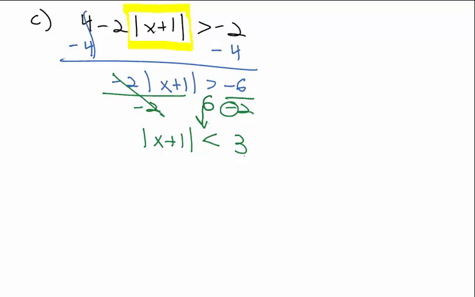I want to notice a couple things we did as we got that absolute value alone. First thing, we did not do 4 minus 2 to get 2. We can't combine them because they are not like terms. The 2 has an absolute value on it, the 4 does not. Not like terms. Another thing is we did not distribute the negative 2 through the parentheses.